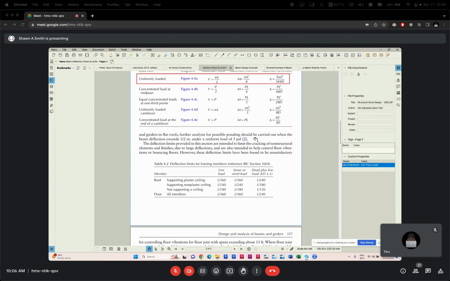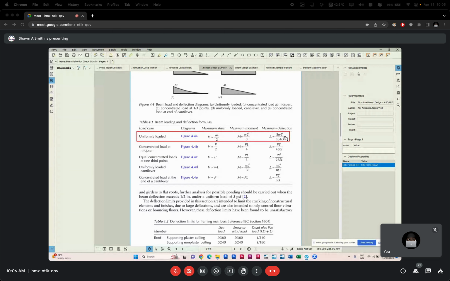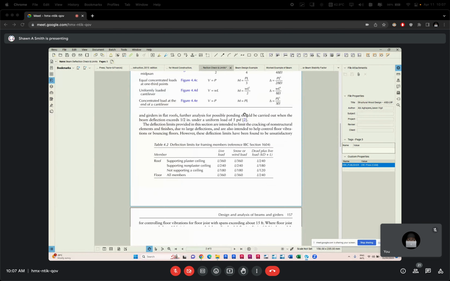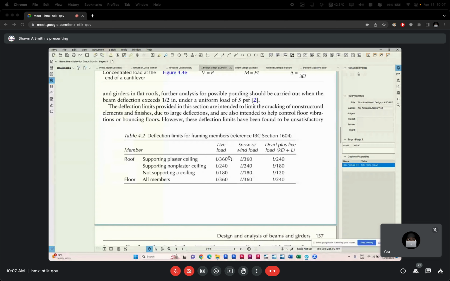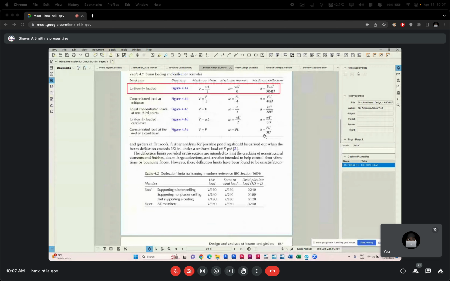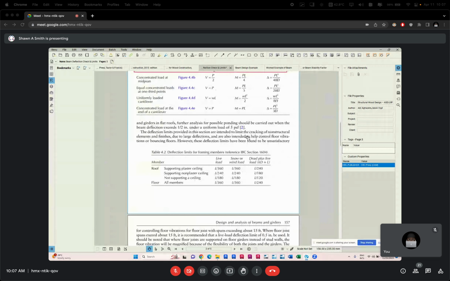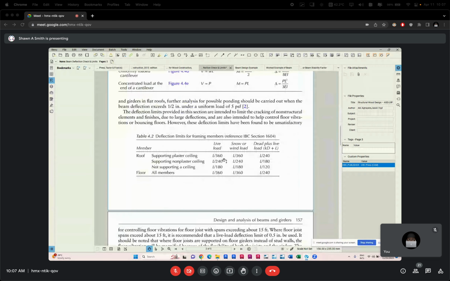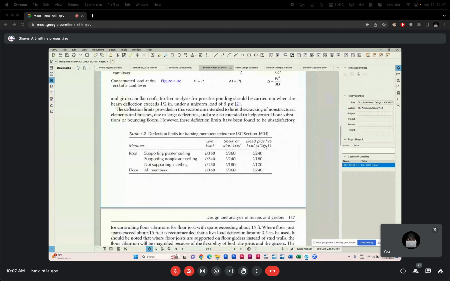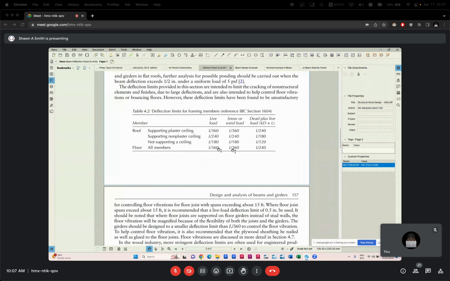So when we use this formula, class, this expression, to find the deflection of a beam using live load only and live plus dead, then what we do is to check if those deflections based on the loads acting are greater than or less than these values. If they are less than this value, then fine.